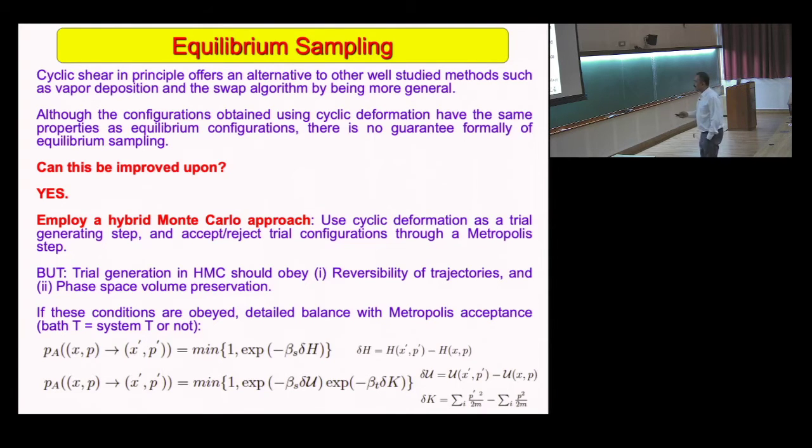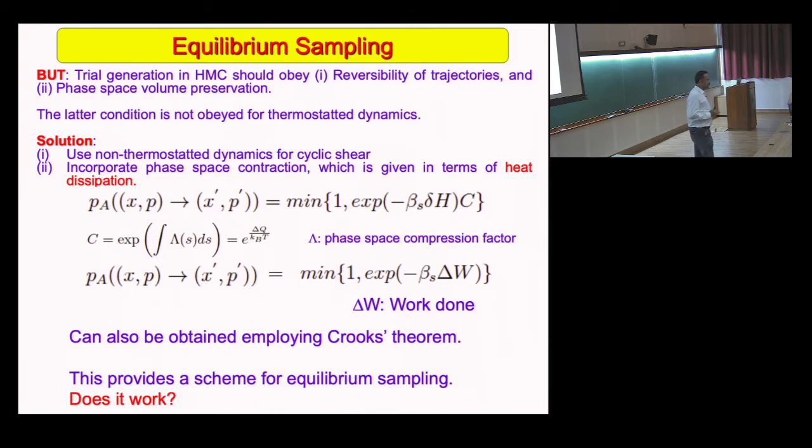I'm looking at the clock, I don't have too much time, but this works with the normal energy difference going into the Metropolis acceptance if your system is not thermostated. But if your system is thermostated, then that's no longer the correct acceptance criterion.